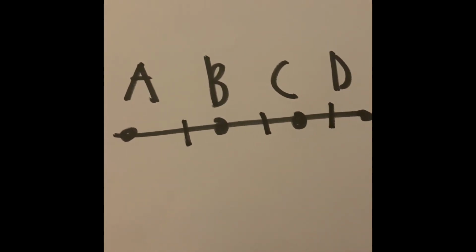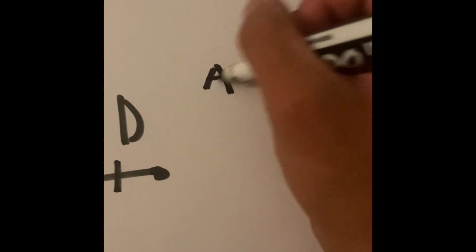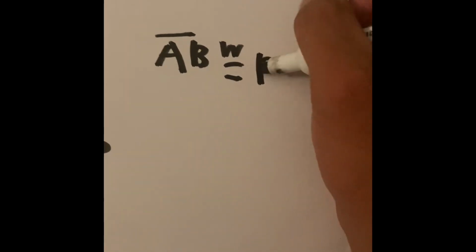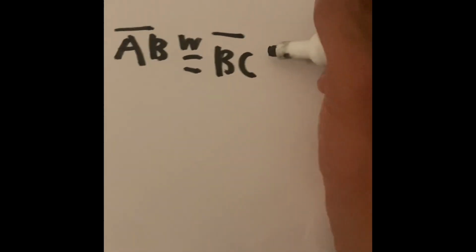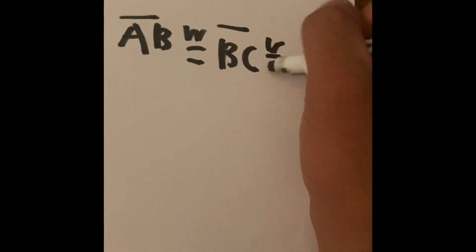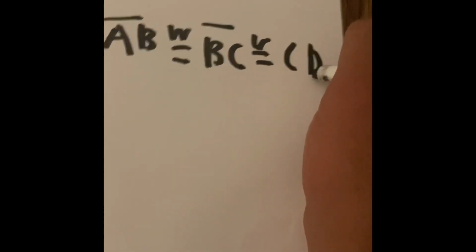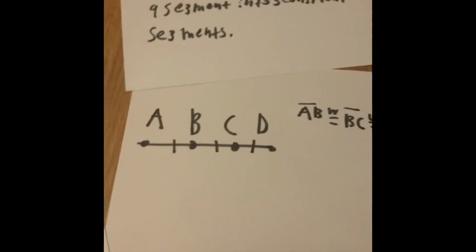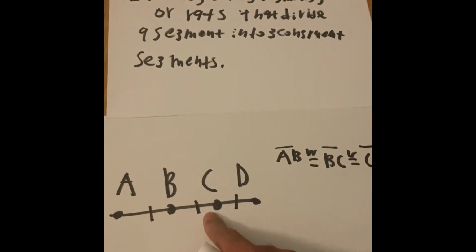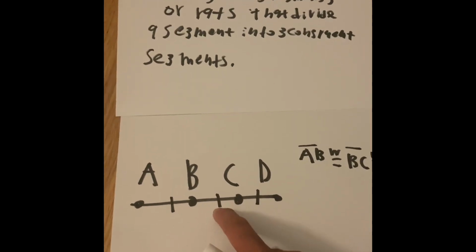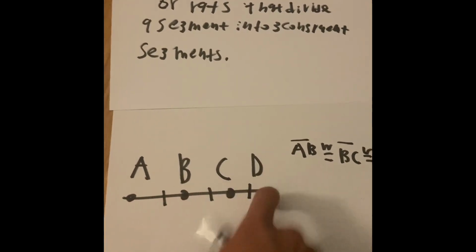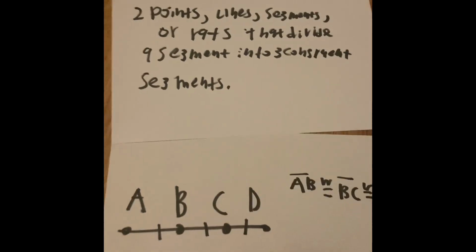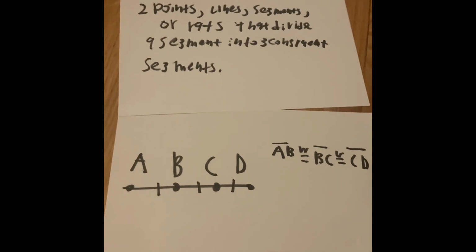So what we can say here is that segment AB is congruent to segment BC, which is congruent to segment CD. So it's saying right here that BC is a segment trisector, and when you have that happen, you can divide the segment into 3 congruent segments. Let's look at a problem together.